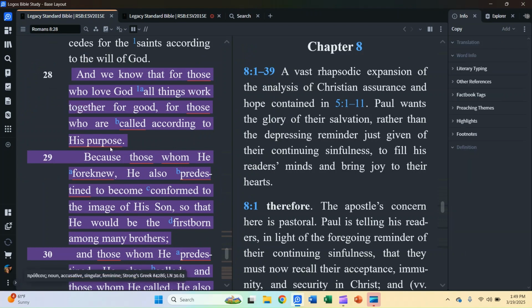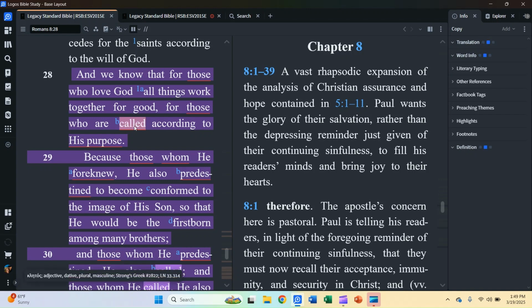I'm going to look at this one here because this is what I'm commonly seeing that's misunderstood. We're in Romans 8:28, and it states, "And we know that for those who love God," so in context he's speaking of those who love God, "that all things work together for their good, for those who are called according to his purpose."